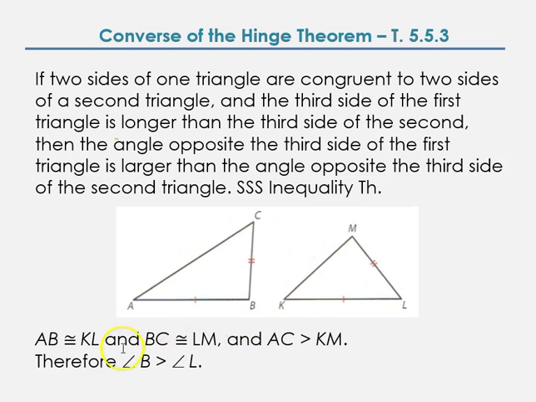In this example, we would say, with similar notation as the last, segment AB is congruent to KL, BC is congruent to LM, and then we would state that AC is larger than KM, so consequently angle B will be larger than angle L.